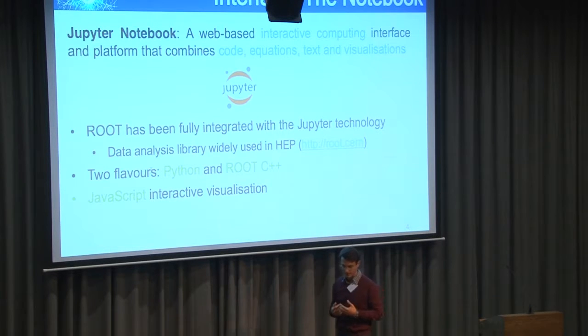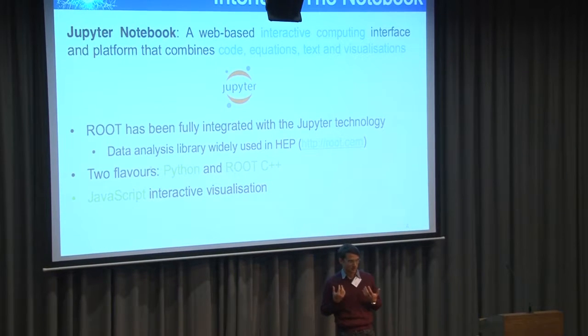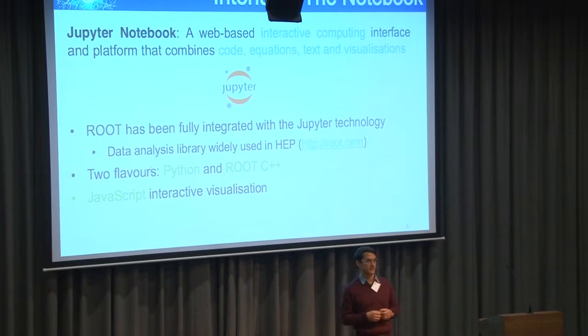So at CERN, in particular in the EP SFT group, we use this software called Root for data analysis. It's widely adopted in high energy physics. And we thought that the notebook interface, this interactive analysis interface, was very good for our software, and we integrated it with it. So in particular, what we offer to the user is that users can write their notebooks in C++ with Root, and they can also write them in Python.